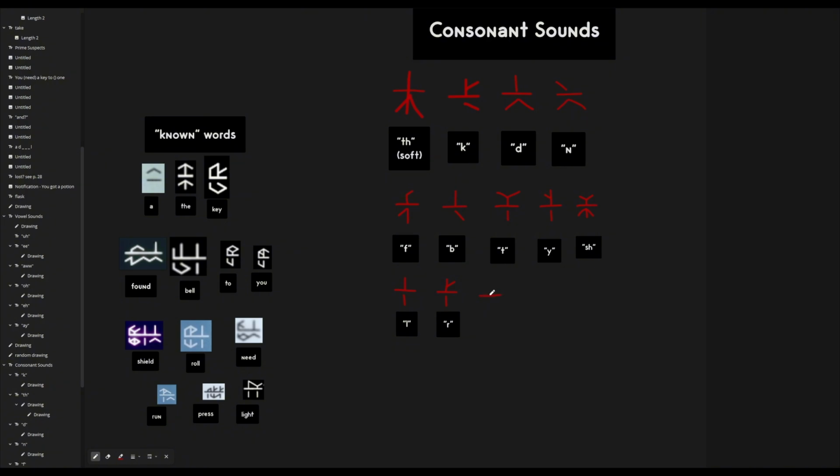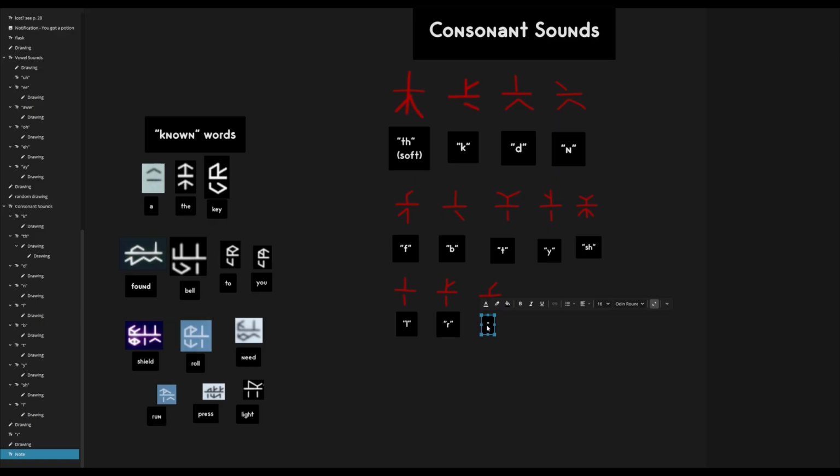Alright, so P is this. It's like an R that's missing a line. Clever. I see what you did there. And I like it. Okay.